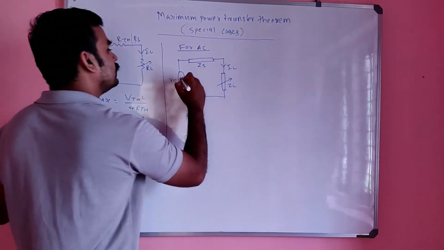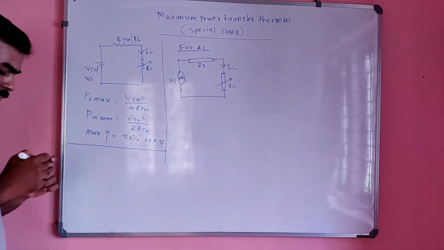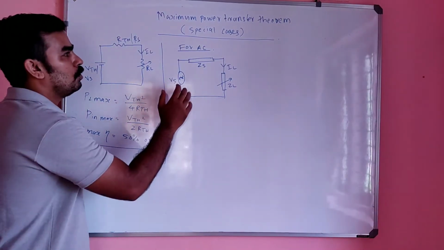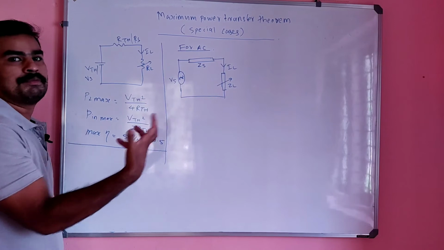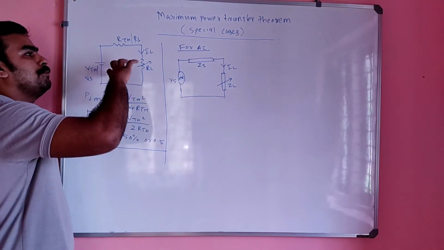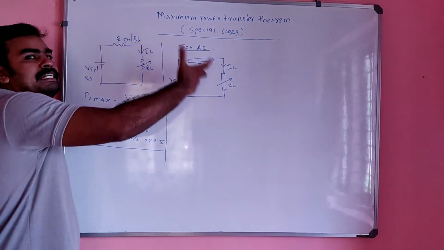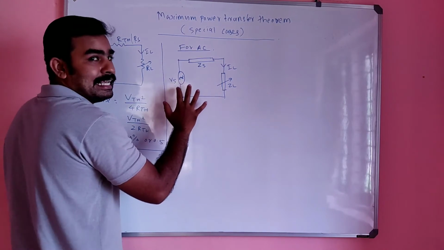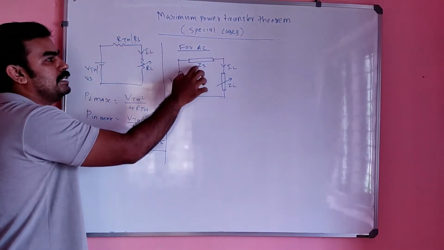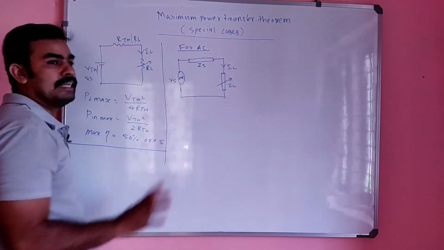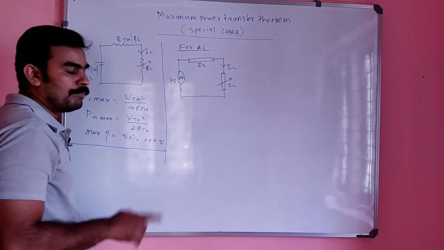So for the maximum power transfer theorem with an AC circuit, our circuit has changed: Vs is AC, Zs replaces Rs or R Thevenin, and ZL replaces RL.